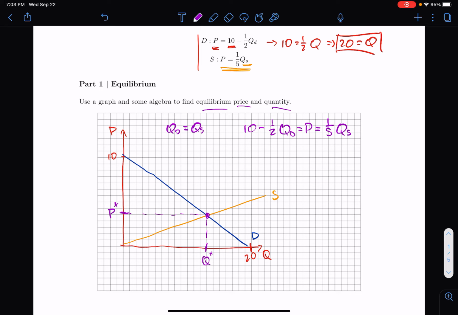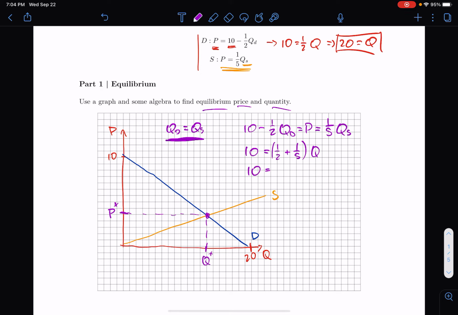Okay. So then we'll use the fact that quantities are equal when we don't have government regulation to go ahead and simplify this equation. So we have 10, we have 1/2, and we'll just put these in parentheses, plus 1/5, times Q. We're just going to drop the subscripts because we know that the two Q's are equal. Okay.